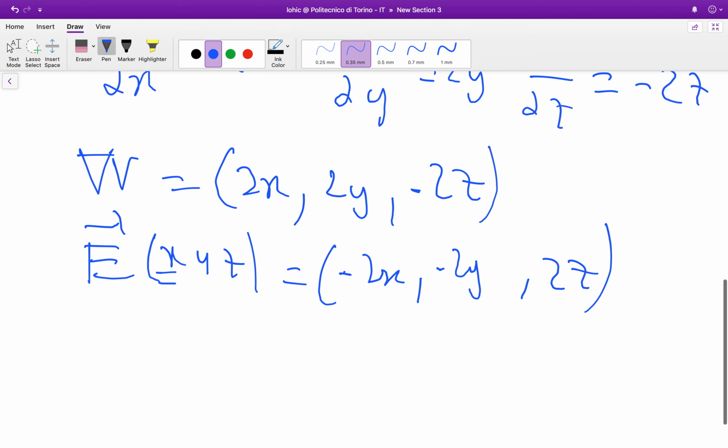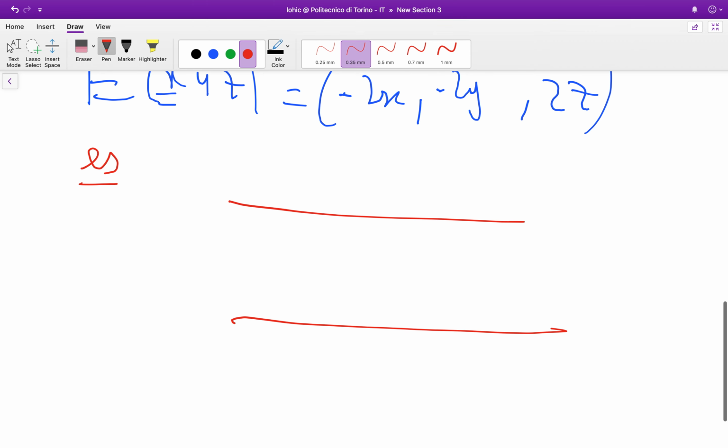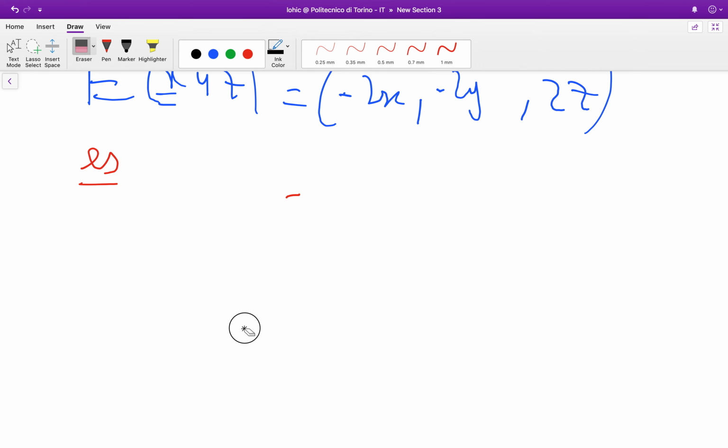Another example of the relation between the potential and the field. You remember that we saw that if we have two planes like this, let me put them vertically, maybe you understand it better.